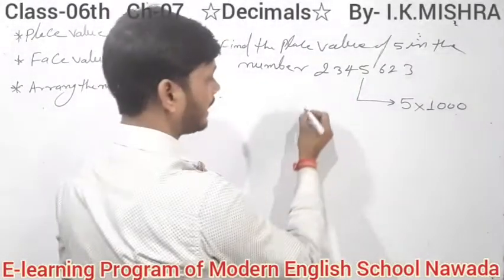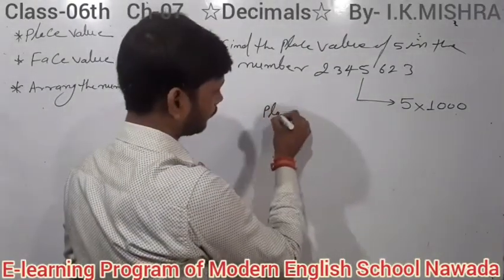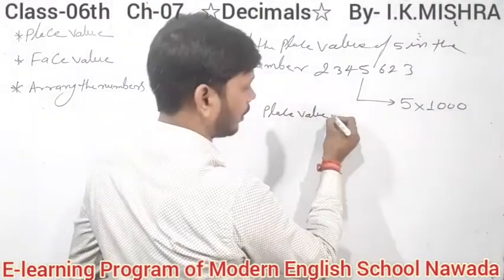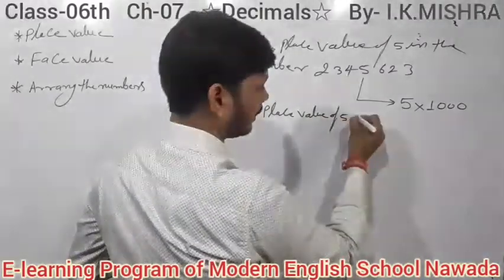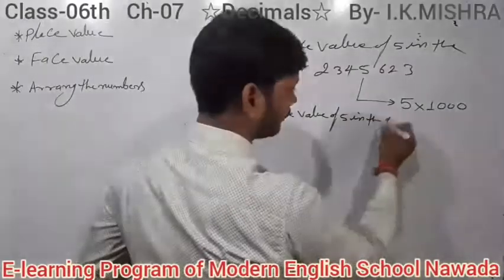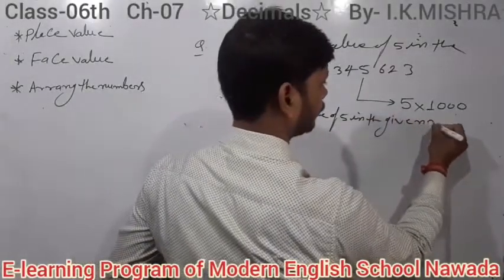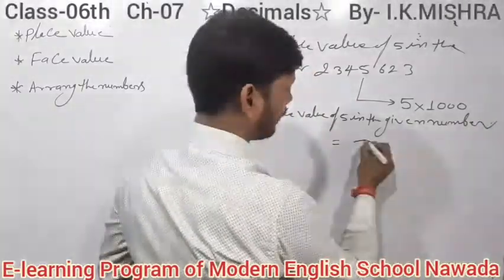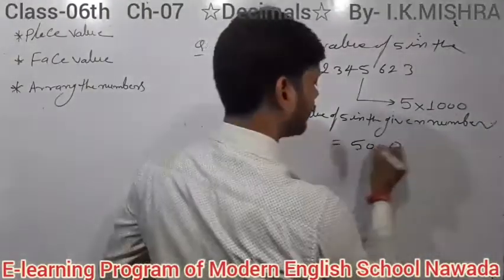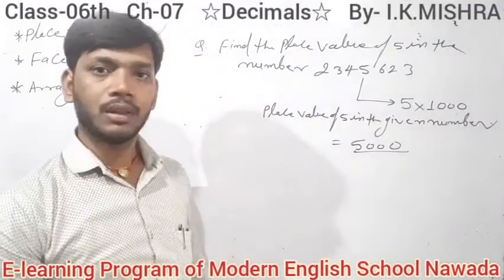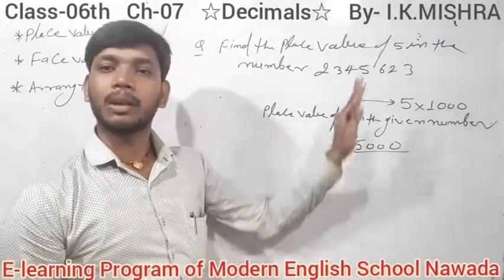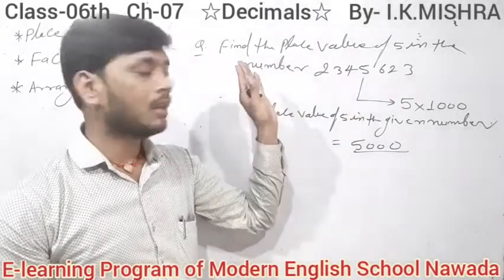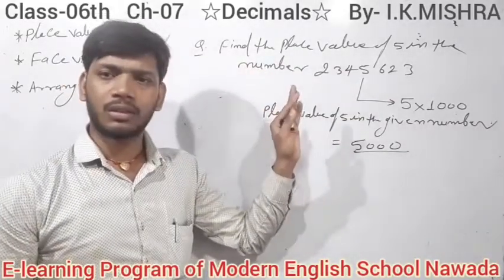So its place value of 5 in the given number is equal to 5000. Clear students? Similarly, you can find the place value of any digit in the number.